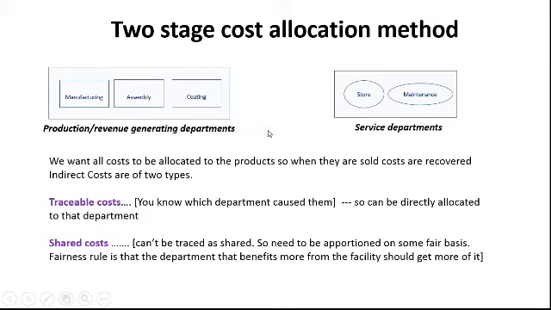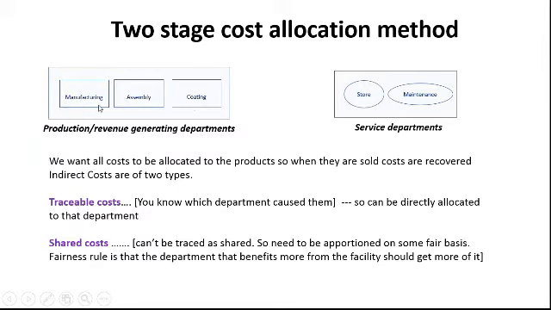So you don't think that your factory or manufacturing place is just one unit. Rather, you think about various departments which are operating in that factory. Like in this example, there are 3 different departments: manufacturing, assembly, and coating.